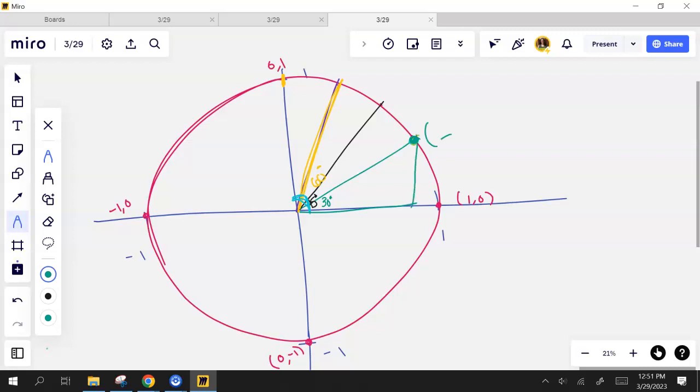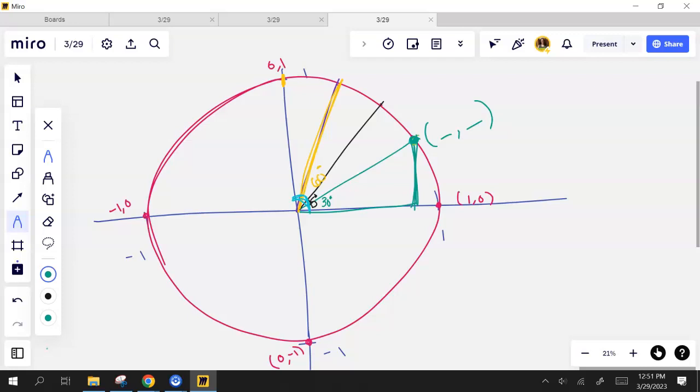And then how far up it goes, and that would be my y coordinate. Do you agree? Do you see a right triangle in this? Yes. In fact, I see a special right triangle. What special right triangle do you see in this?